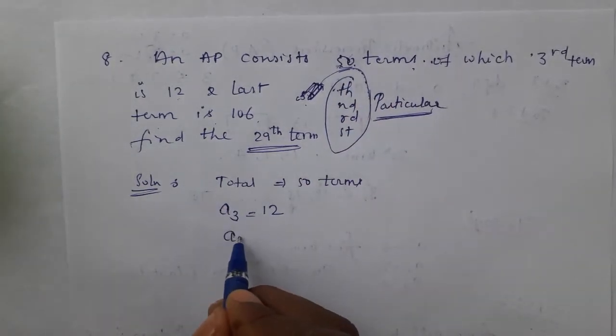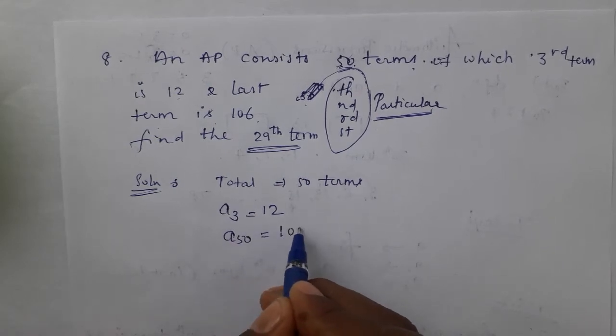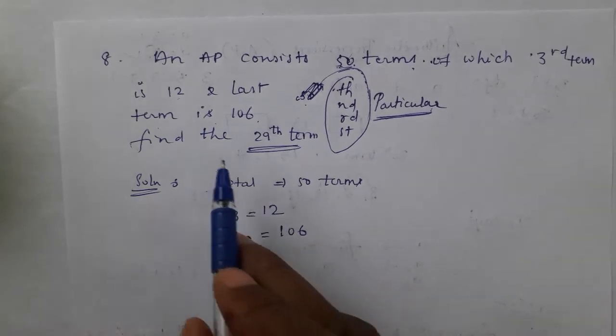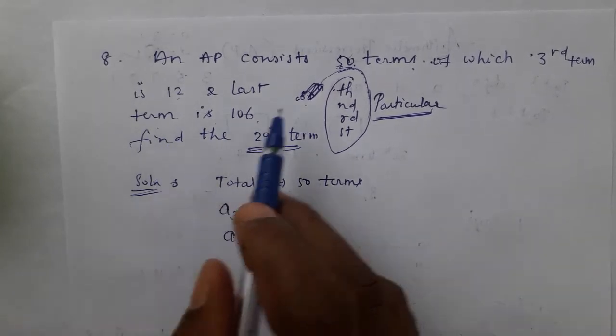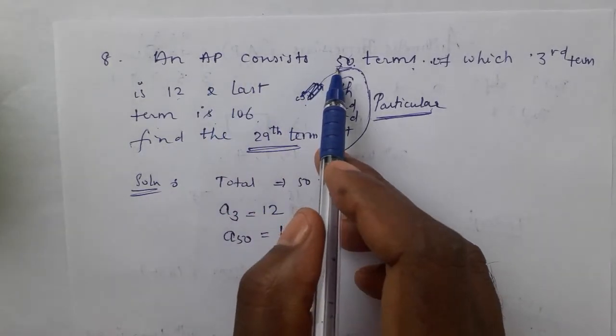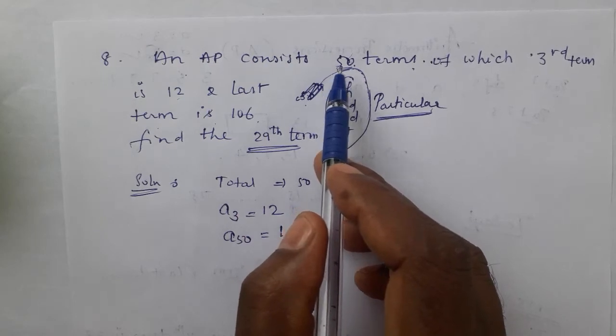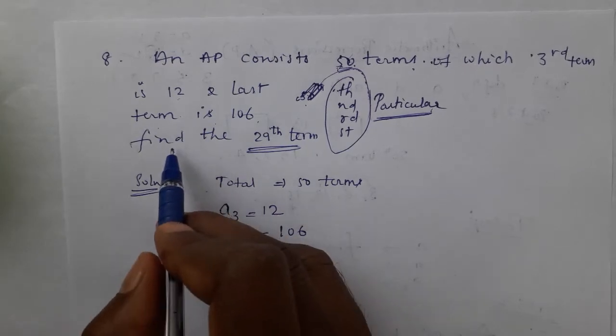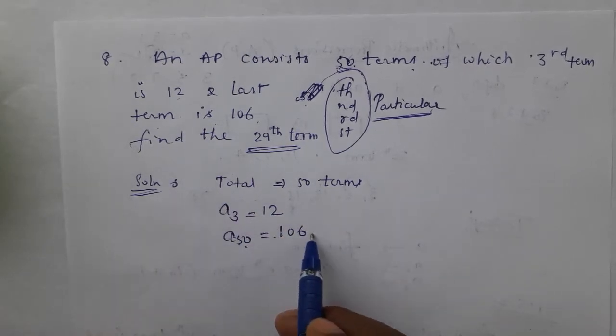Don't write An, write A50. A50 is equal to 106. Last term means, actually for the last term we don't know the position. They said totally 50 persons are sitting. That means definitely the 50th person is the last person. The 50th person is equal to 106.